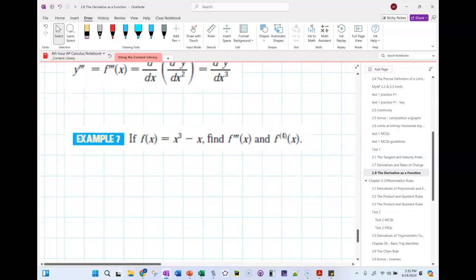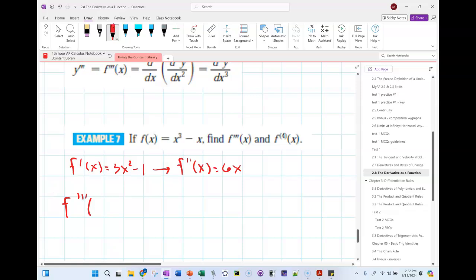All right. So if we have our f of x equals x cubed minus x, I remember that one. We already had the first derivative, and then we also found the second derivative. So if I want the third derivative, well, that's a heck of a lot easier than usual.